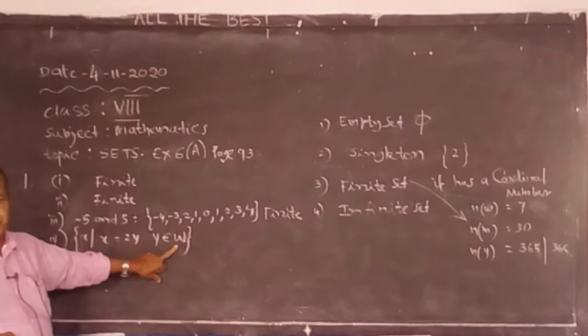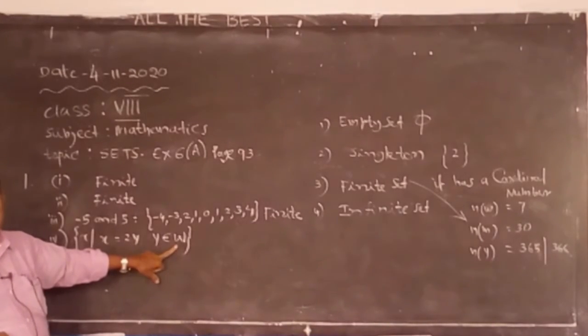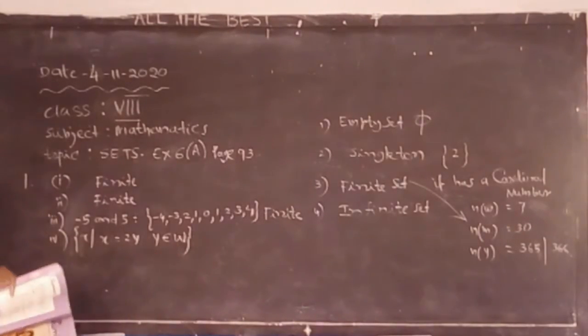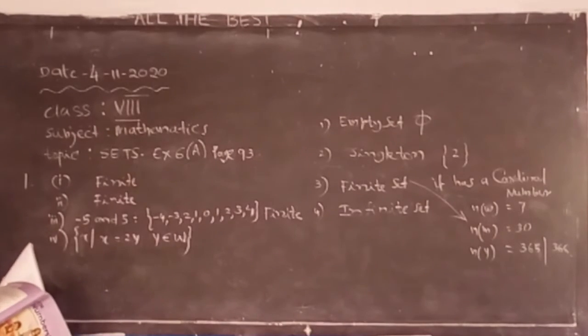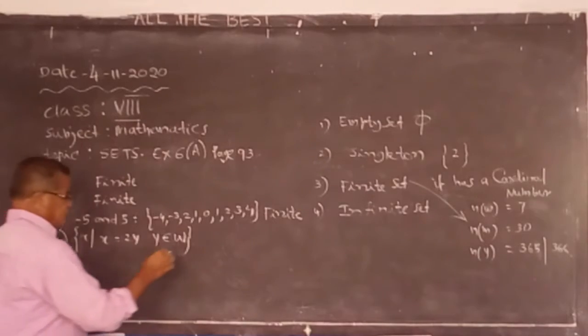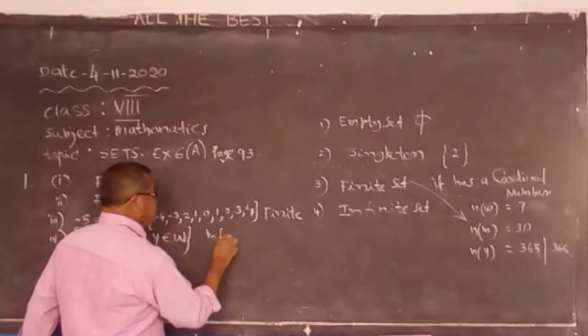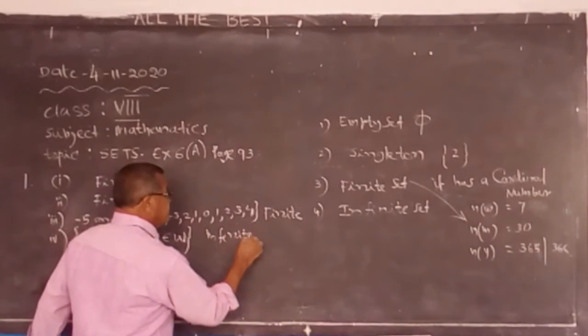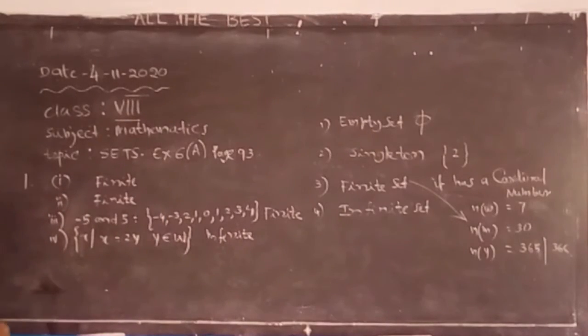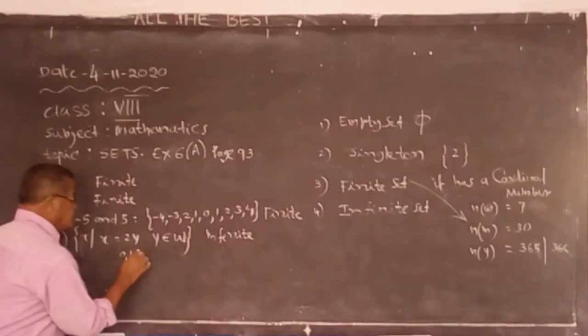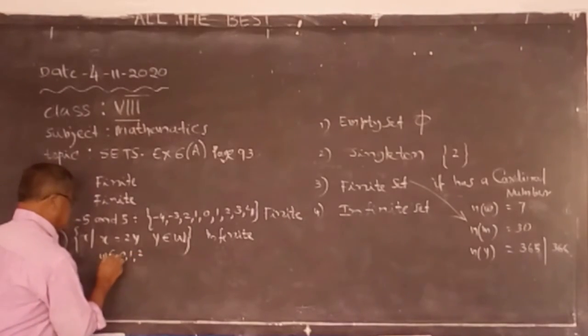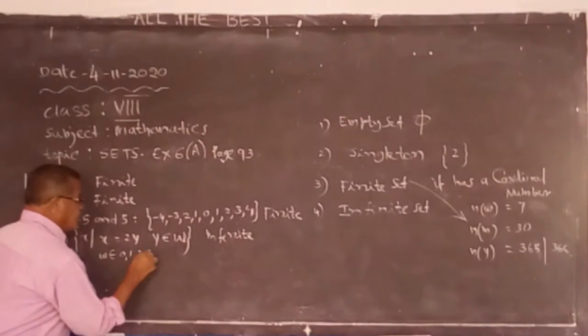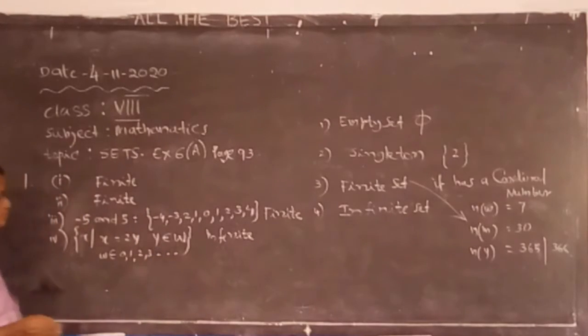Beginning is 0, and there is no ending, so we say it is infinite. Beginning is 0, 1, 2, 3, and so on, no ending. That's why it is infinite.